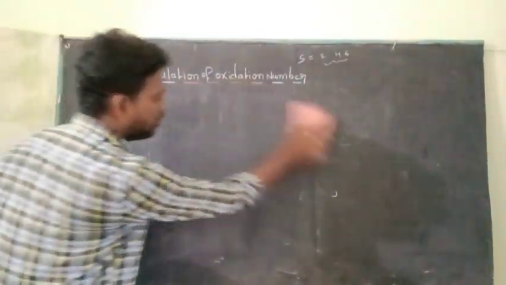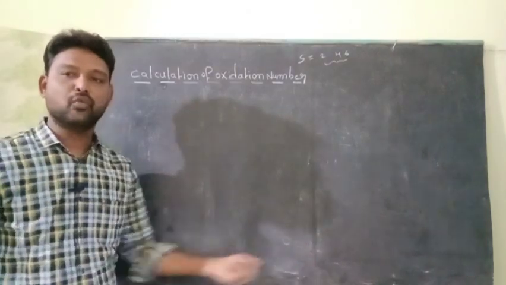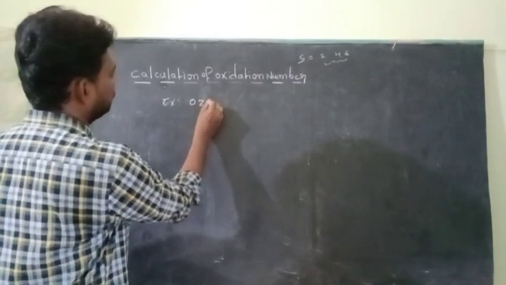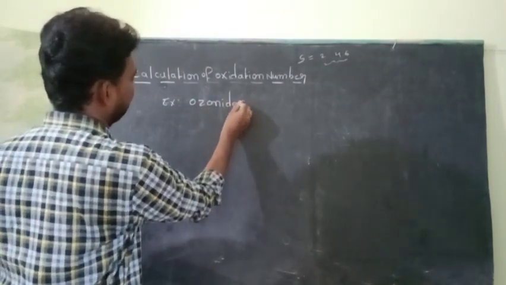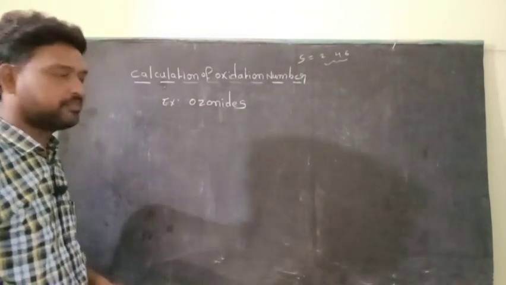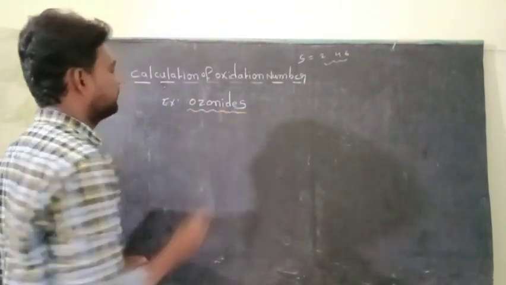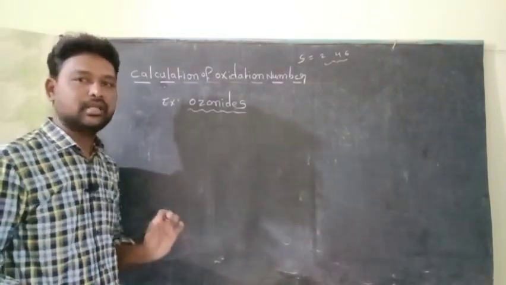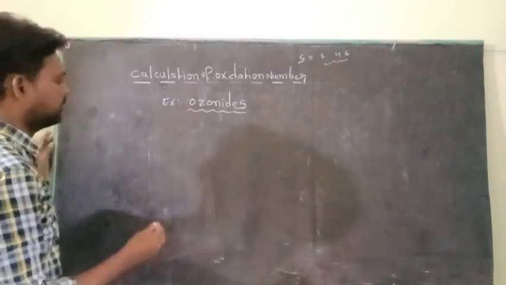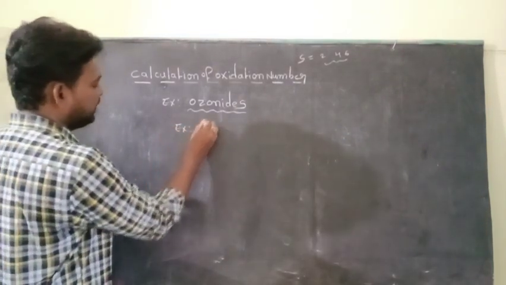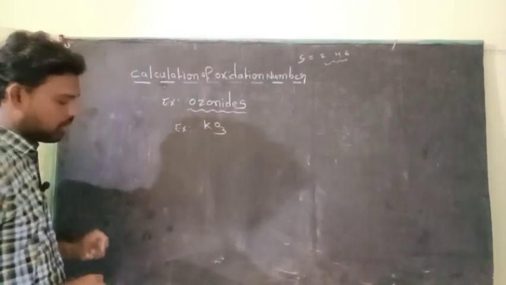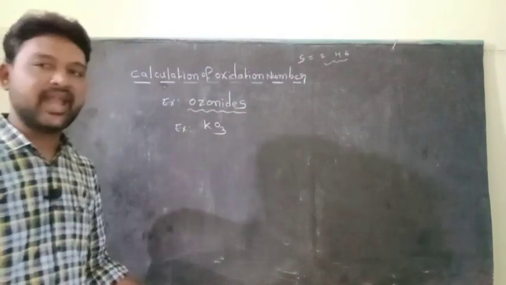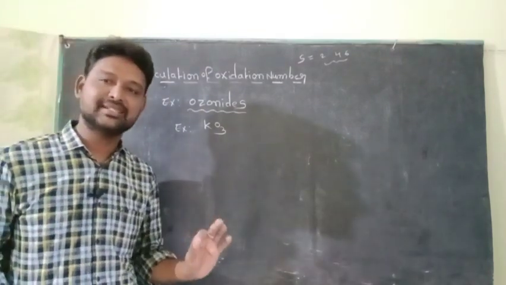So the last type of oxygen atom is ozonides. This is the last one. In ozonides, what is the oxidation number of oxygen atom? So, for example, you can take KO3. This compound is an ozonide. In ozonides, what is the oxidation number of oxygen atom?